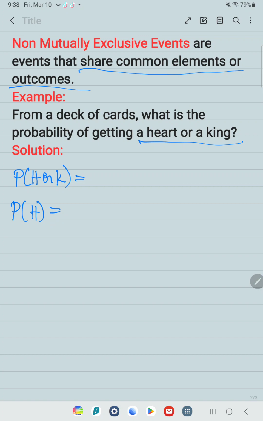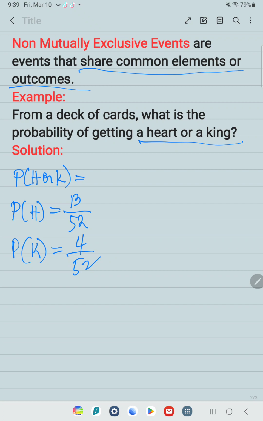From ace to king, there are 13 hearts, or 13 cards that have the heart symbol. We have spade, club, heart, and diamond. So 13 out of 52. Now, the probability of getting a king, and there are only 4 kings, so 4 over 52.